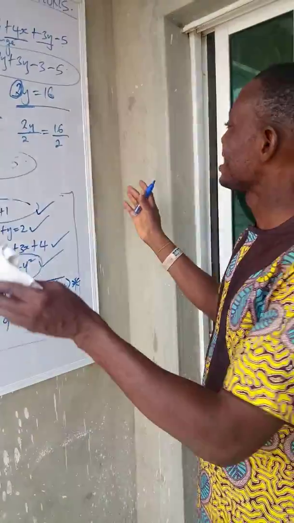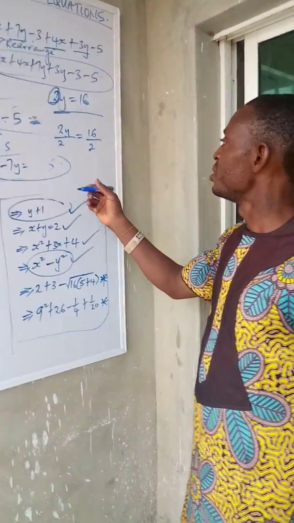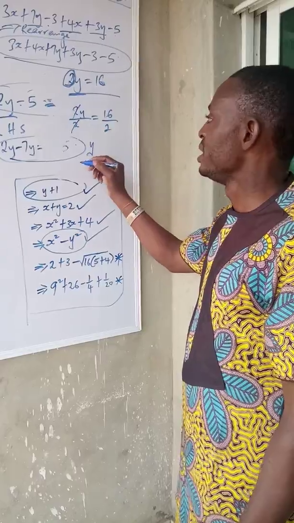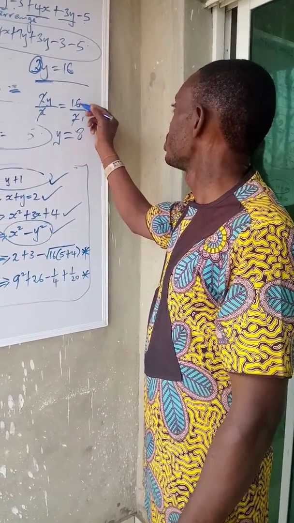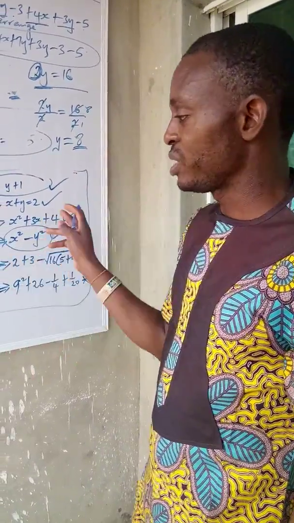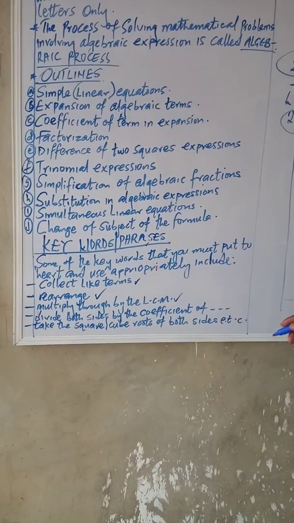Both sides in the sense that you have a left-hand side and a right-hand side. Now, the two sides have been divided, and then these 2 will cancel out these 2. Then you have y remaining on the left-hand side being equal to 8, because 16 divided by 2 will give you 8. So you will say this is your answer. That is what it means to divide both sides by the coefficient of a letter.